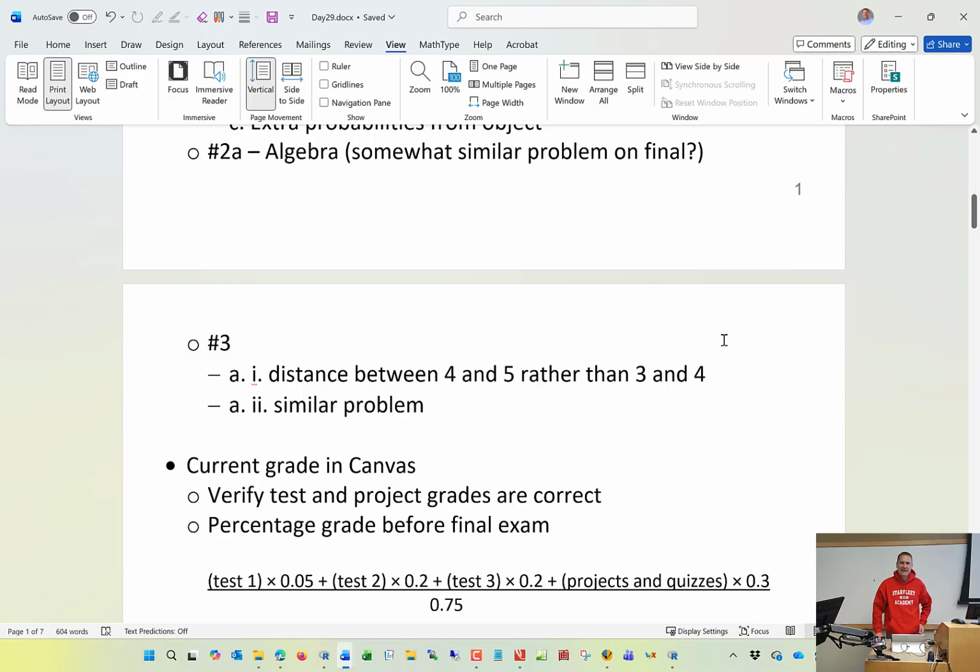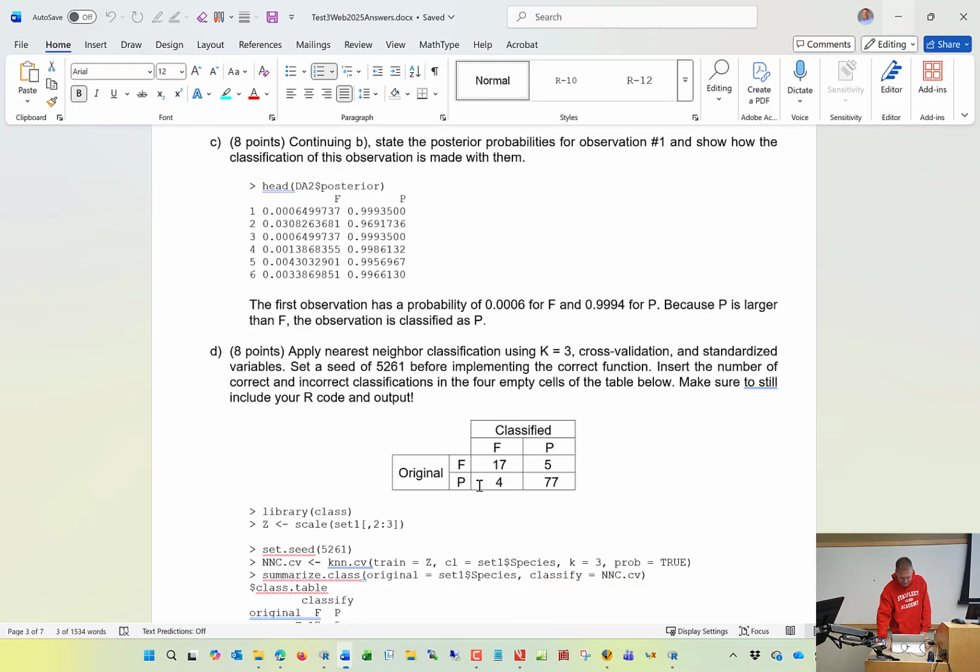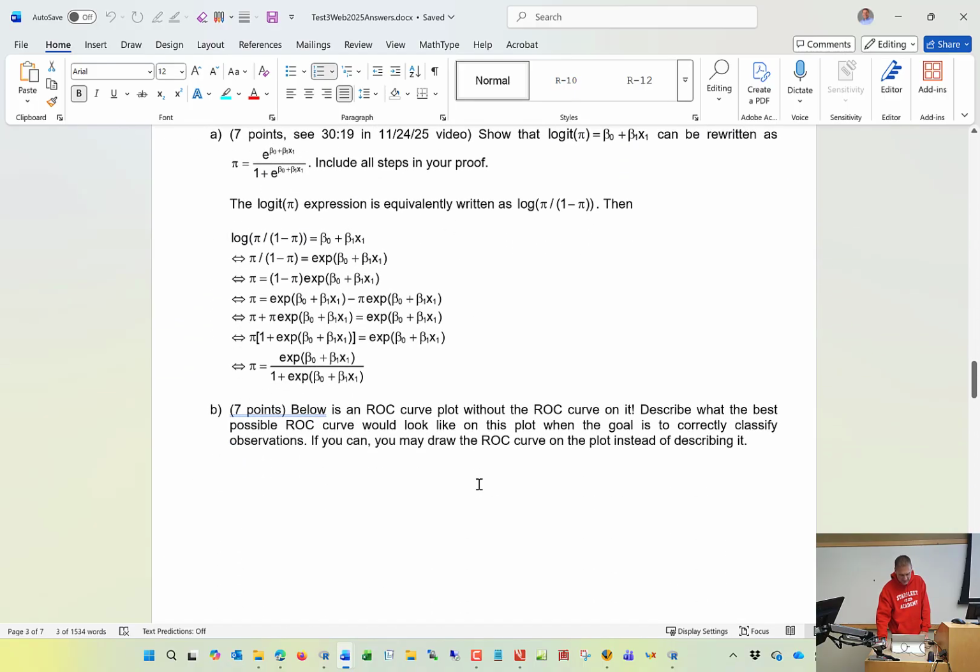Uh, 2A. This was a little bit of a proof, just to understand some of the mathematics of it. Again, this is a difference between taking a course from a stat department versus taking it from another department that's more interested in just having you do the computer stuff. The algebra is not too bad in the end.